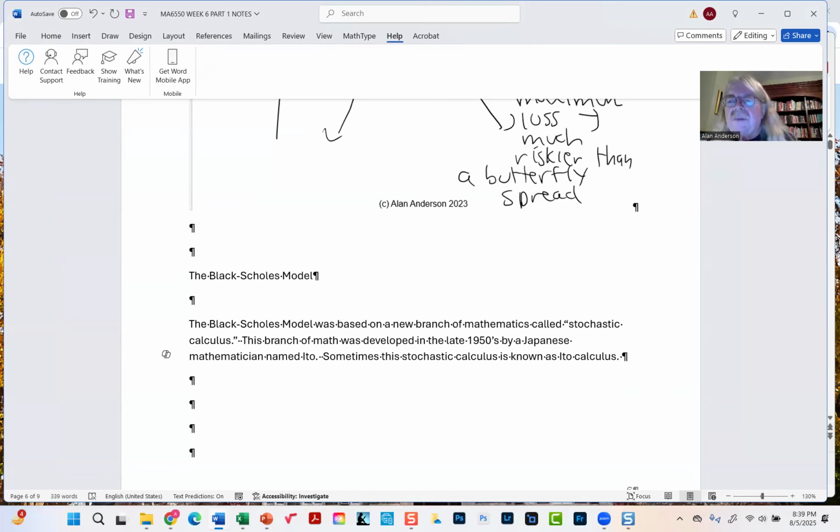And so Merton was somehow familiar with it, and he's the one who thought the best way would be for the model to be based on this Ito calculus.